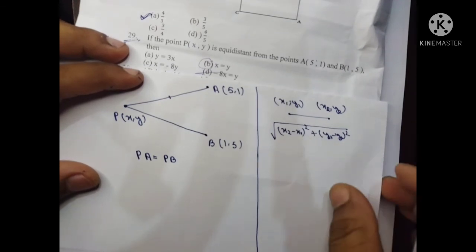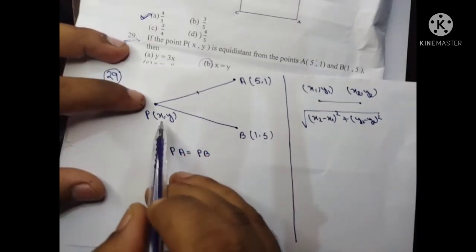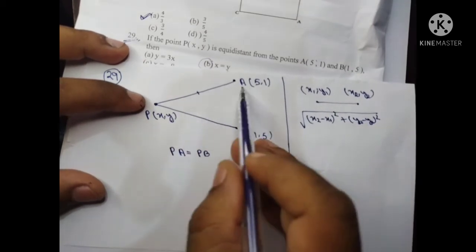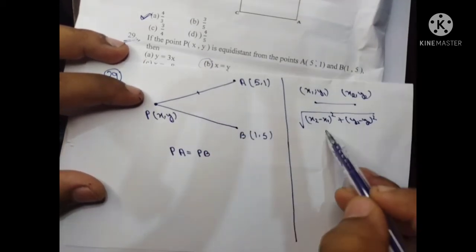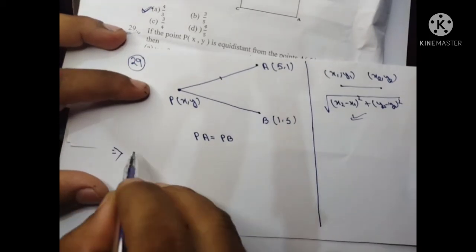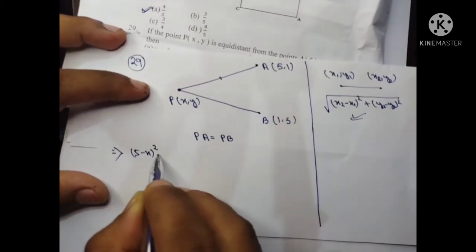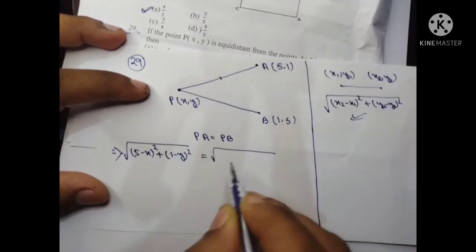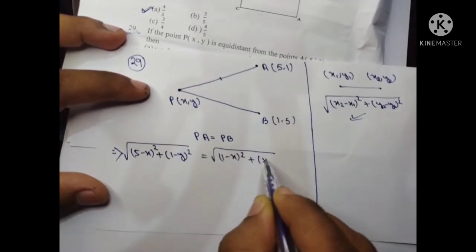Now suppose this is (x1, y1), this is (x2, y2). Then you can find the distance between P and A by applying this formula. So PA becomes the square root of (5 minus x) square plus (1 minus y) square. Similarly, PB becomes the square root of (1 minus x) square plus (5 minus y) square.